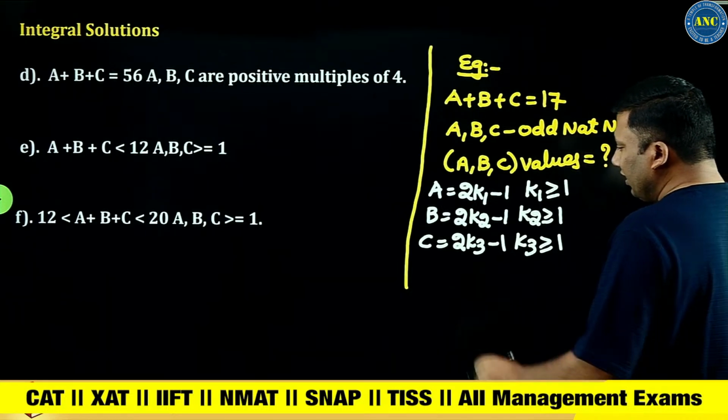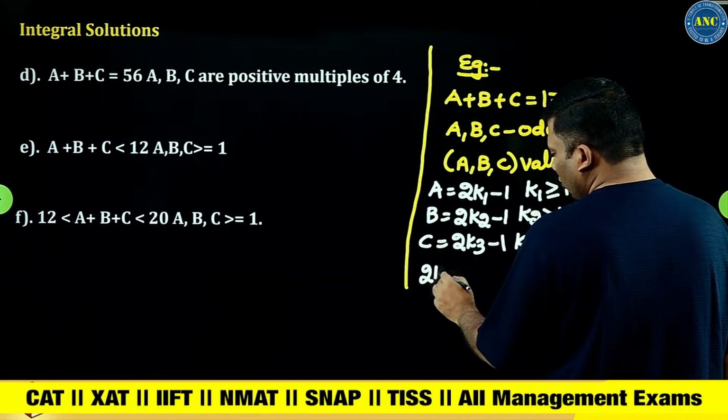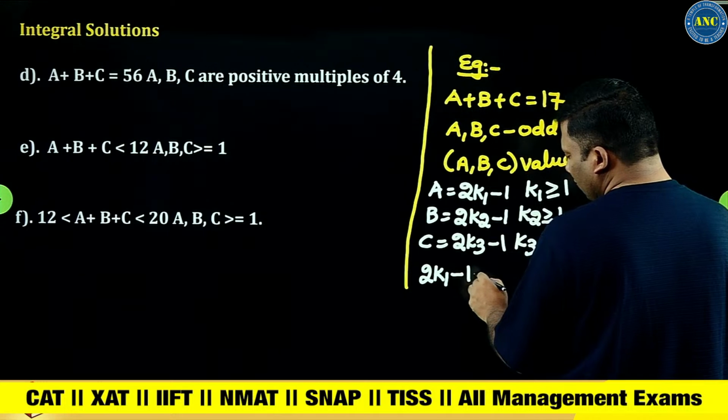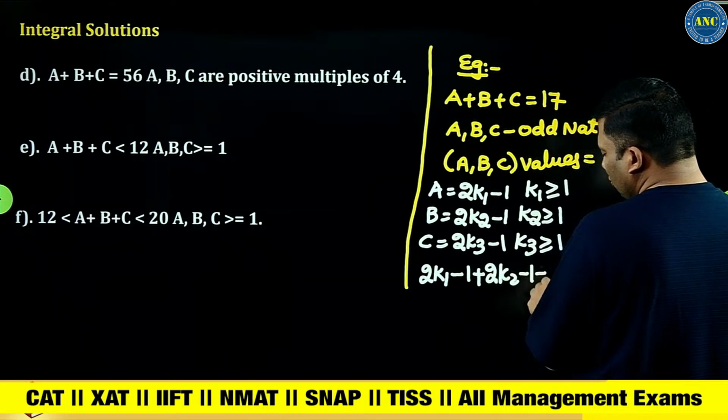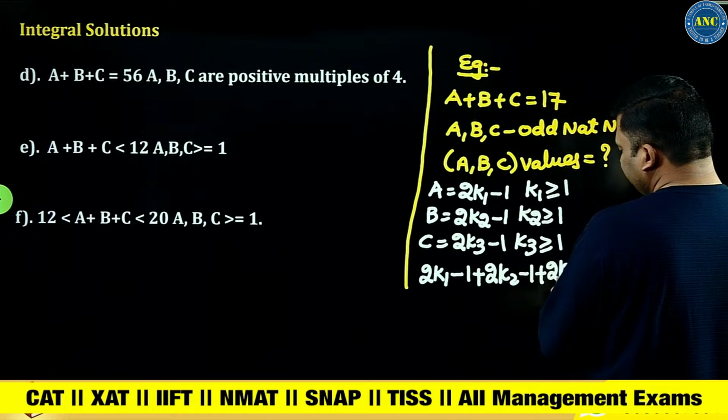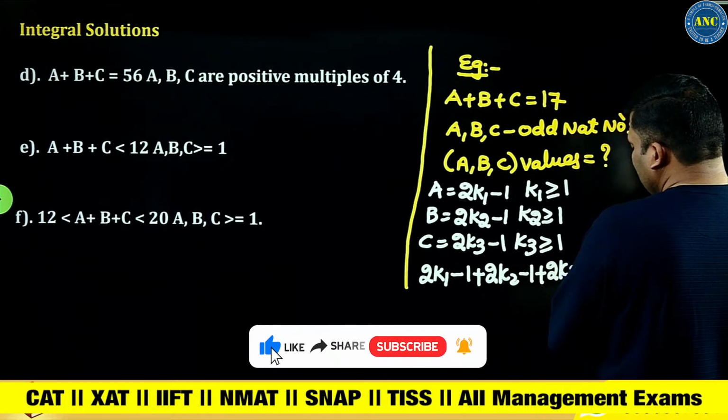If I add them, 2k1 minus 1 plus 2k2 minus 1 plus 2k3 minus 1 is equivalent to 17.